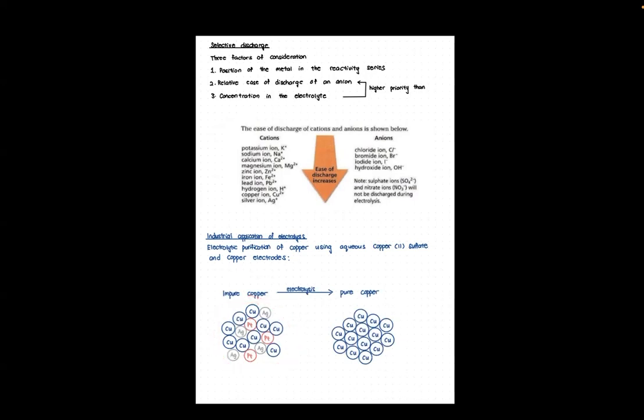This is an alloy, where we have your copper metal mixed with a lot of impurities such as silver as well as platinum. This is impure, so through electrolysis, we want to derive your pure copper. This is going to form your anode, and this is going to be your cathode, what is going to be deposited on your cathode. So how does that work?